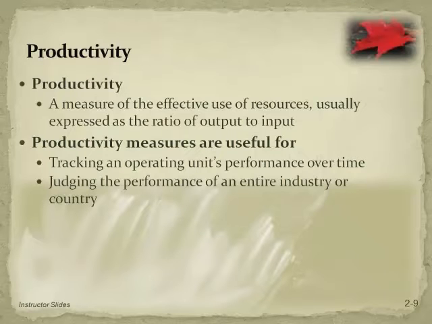So if you took a 3-hour course and made an A, you had an output of 12 grade points for that course, divided by the input, which was the semester hours attempted. So for that one course, you earned 12 grade points divided by 3, and that is a ratio of 4. So grade point average is basically the basic productivity measure for a university student.